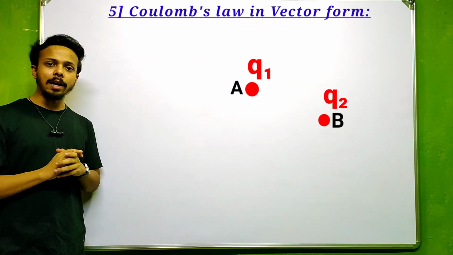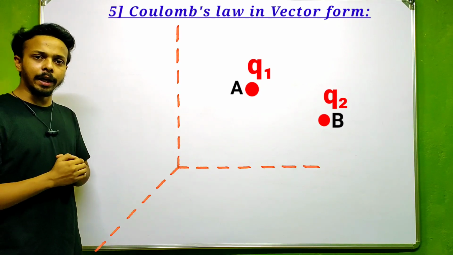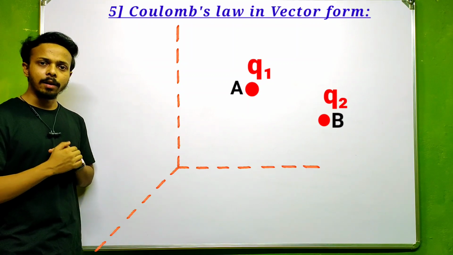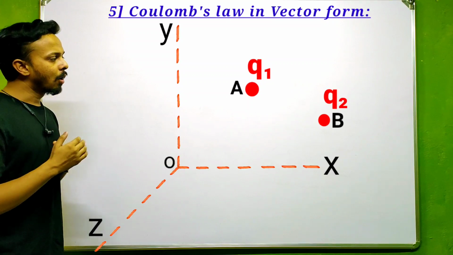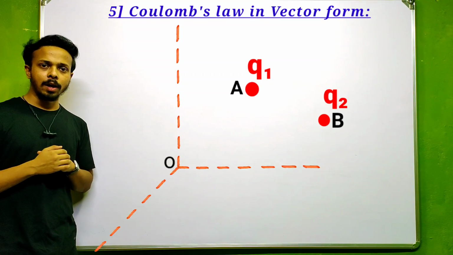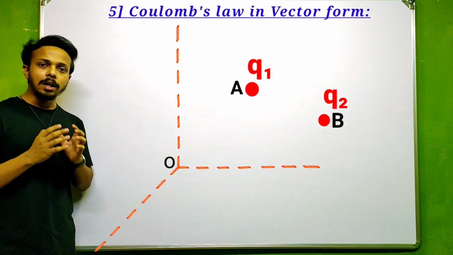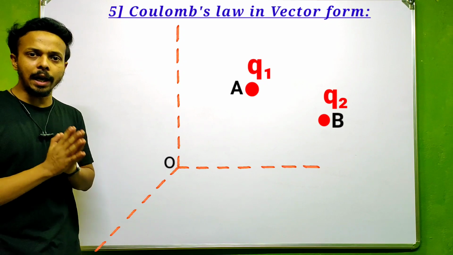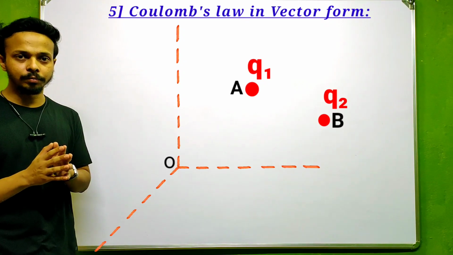Now to understand the position of these two charges at points A and B, let us consider a Cartesian coordinate system consisting of 3 axes, the x-axis, y-axis and z-axis, and here O is the origin. Now with respect to the origin, let us understand the position of these two charges at A and B. For that, let us consider the position vector.